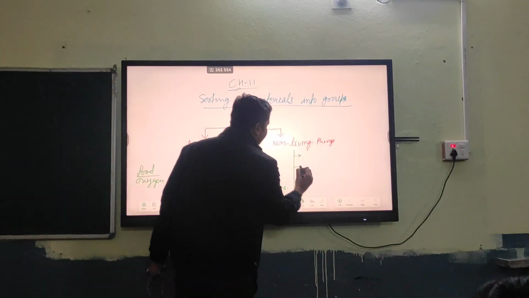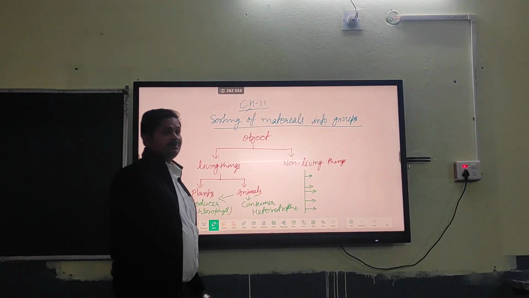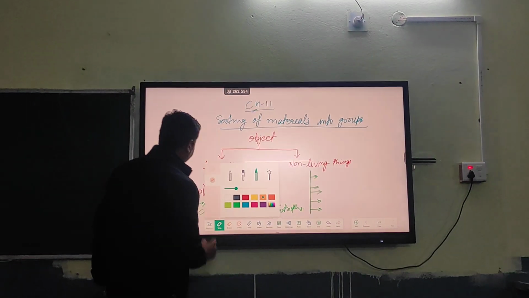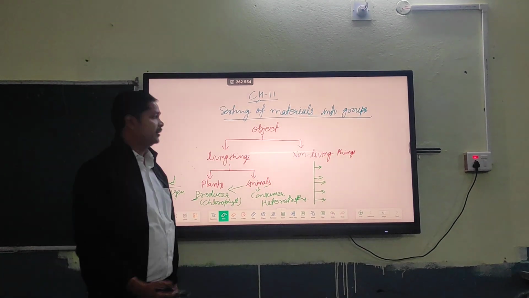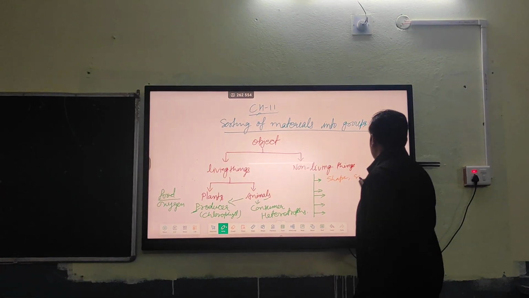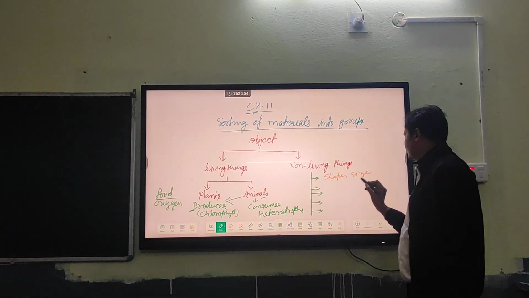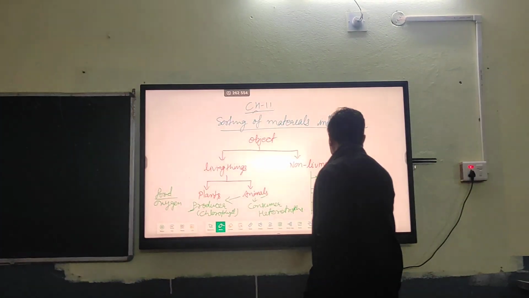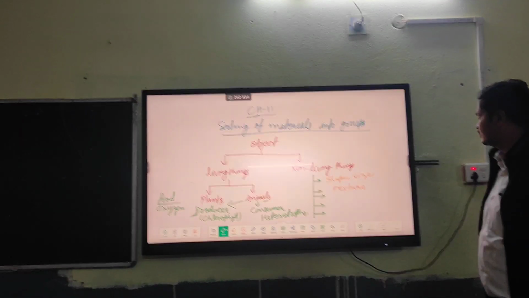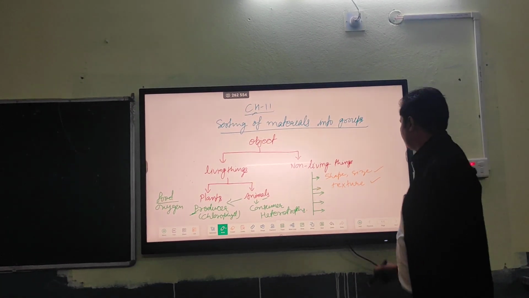Now, non-living things. We classify non-living things according to their shape, size, and textures.